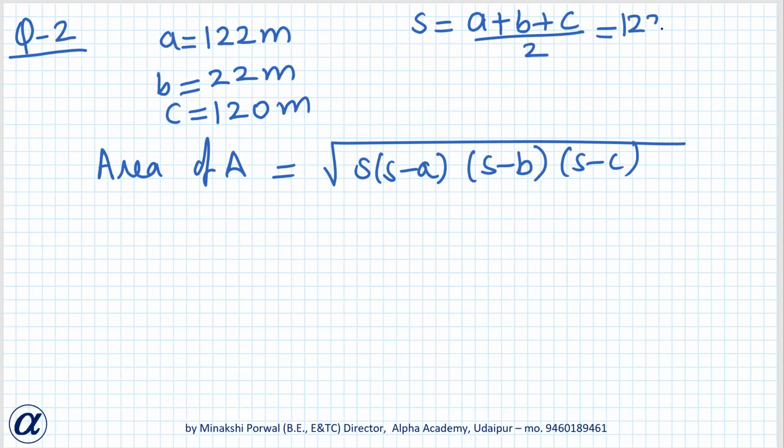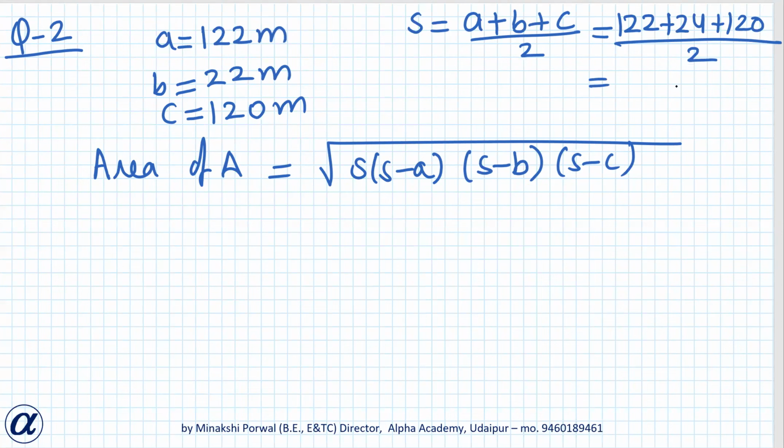Tell me. 264 upon 2 and we will cut, then it will become 132. Sorry, it is 22, right? 264 upon 2, right? So it is coming 132.